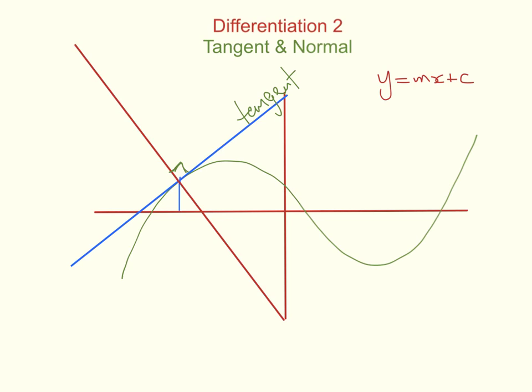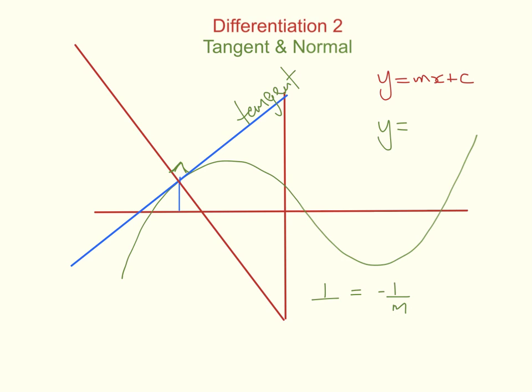Now the normal and the tangent do have a small relationship between them. I'll write the normal equation in green. So the normal shares sort of the same gradient as the tangent, but the gradient is slightly altered. The gradient of the normal, I'll put it down here, is minus 1 over m.